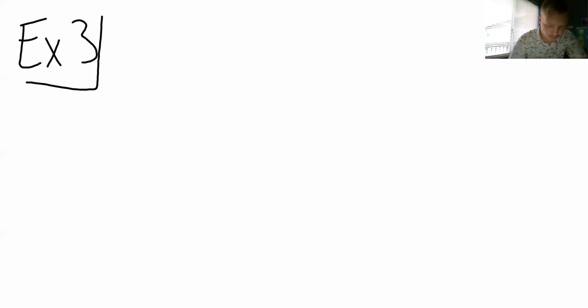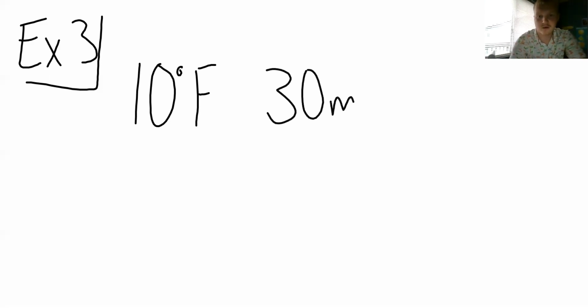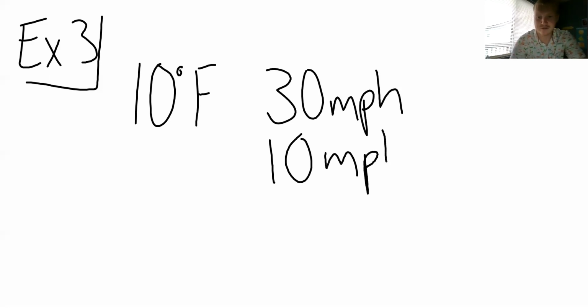So let's see here. We have 10 degrees Fahrenheit, and there is a 30 mile per hour wind. Then we're comparing that to a 10 mile per hour wind. So there's a 20 mile per hour difference.